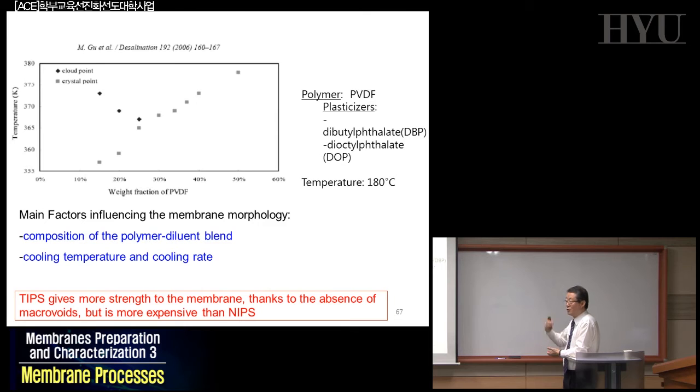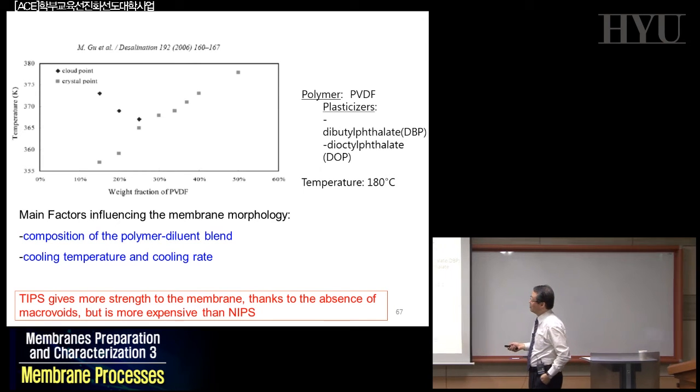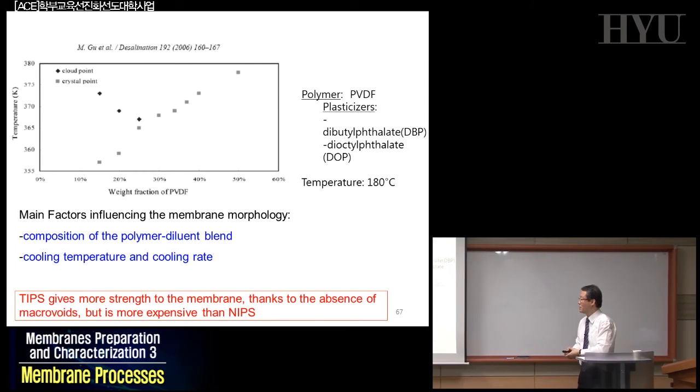In other words, when you increase the temperature above 100 degrees C, how fast you cool down your polymeric system will influence the formation of your nuclei and the time to grow your nuclei. Okay? So that will influence the final morphology of your membranes in this case.